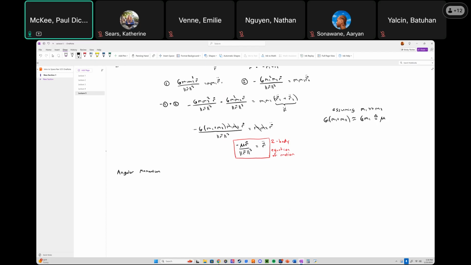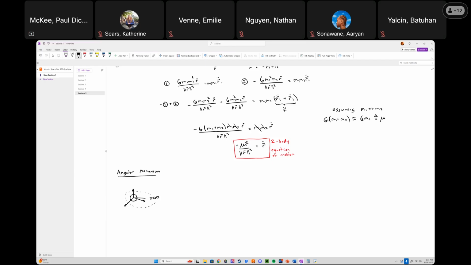Okay, so we're going to define some terms. Let's say that we've got some massive body, and it's got some reference frame that works like this. And let's say that you've got an orbiting spacecraft out here.